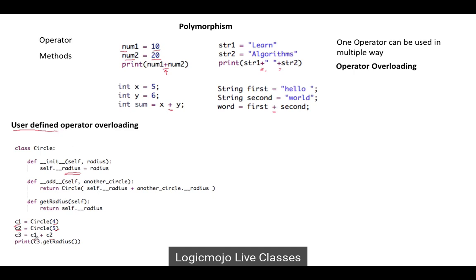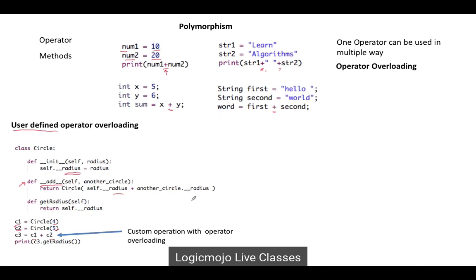So here we do C1 plus C2, and in this case we are supposed to define a function like this, add, in the case of Python, and this will do the user defined task of adding the particular values. Here it's adding the specific radius of these two object instances. Like that, Python has different predefined methods for all the different operators to do user defined tasks.